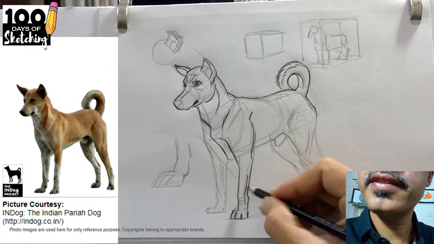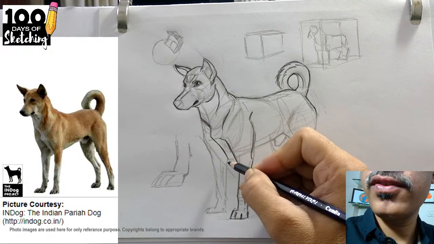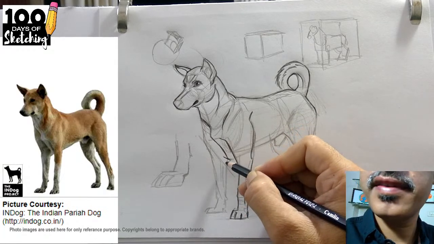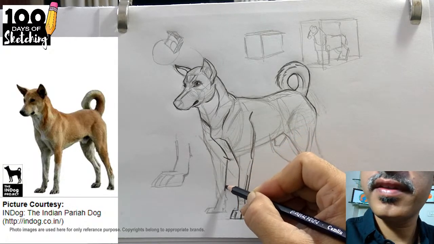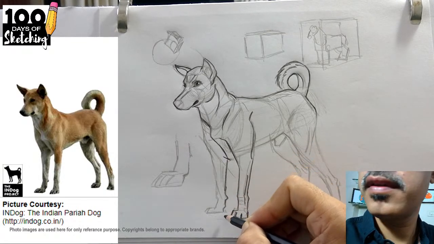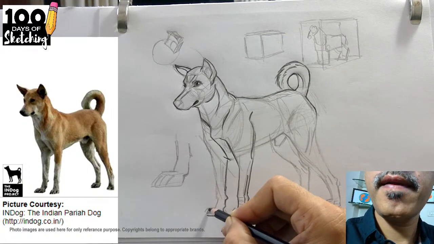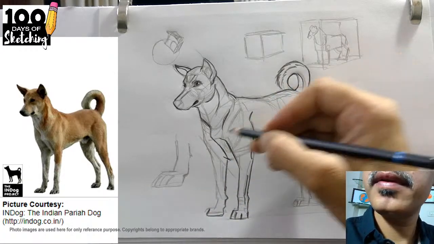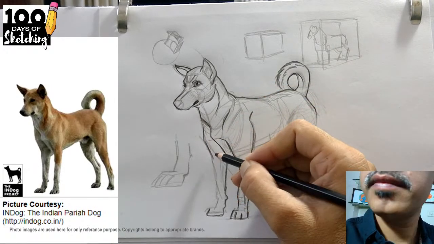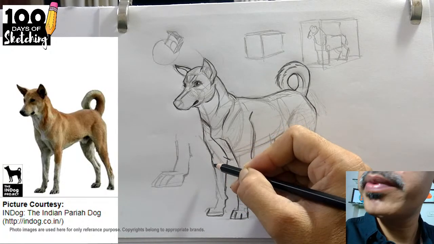This is what, like, nice dimensions. You get very happy that wow, it's like real dimensions, you can say. See a little bulge here also, as per the muscles.